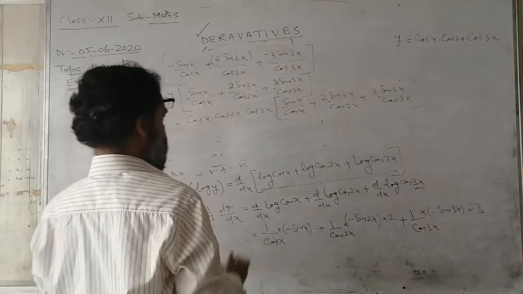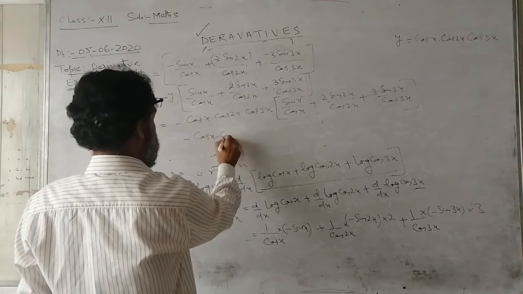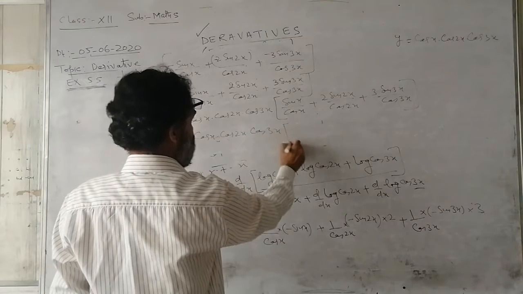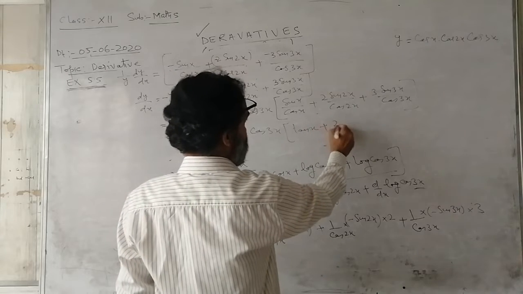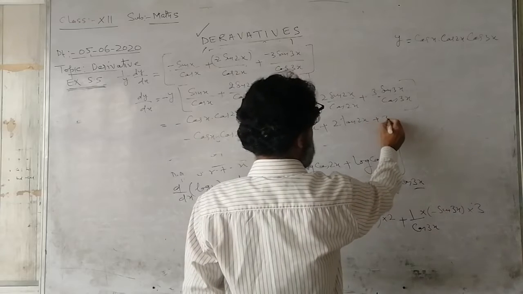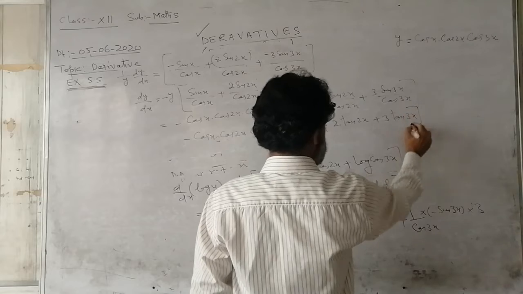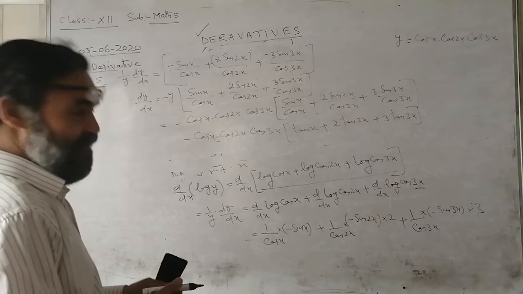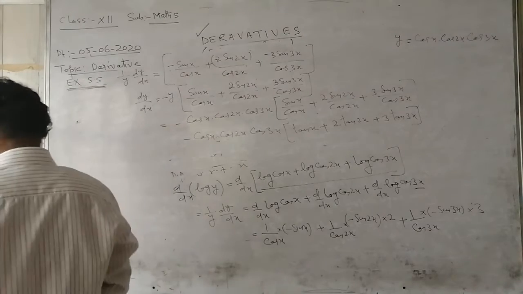So this can be written as minus cos x, cos 2x, cos 3x into tangent x plus 2 times tangent 2x plus 3 times tangent 3x. So this is the value of derivative of the given function, and this was how the question number first is to be solved.